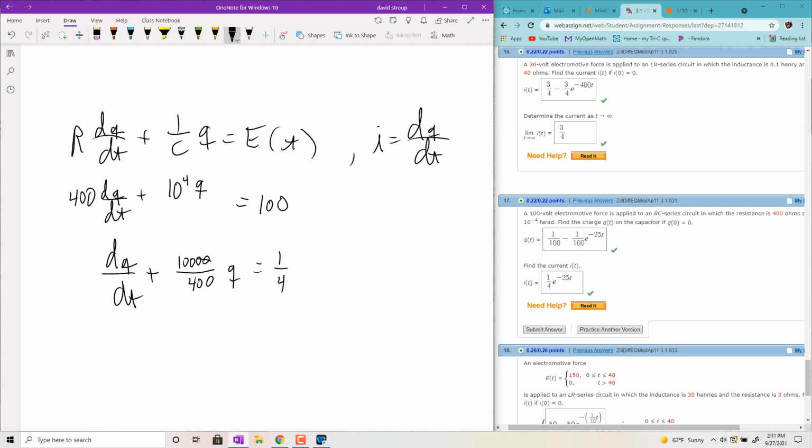Then these cancel a little bit. 4 into 100 is 25, so that'd just be 25 q's. So dq over dt plus 25q equals 1/4.